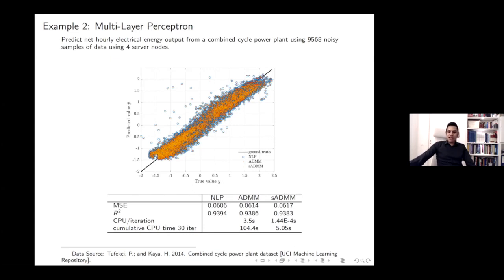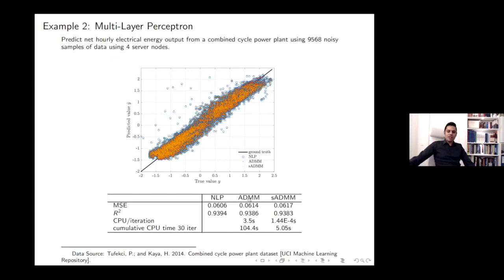And again, we see that the predictive performance of the three models are very similar. You can also see that in the R squared number as a metric. And to point out the CPU time that we need for each iteration using the ADMM or the sensitivity assisted ADMM, we see a significant difference here. And of course, that translates to the cumulative CPU time for learning the model, right?